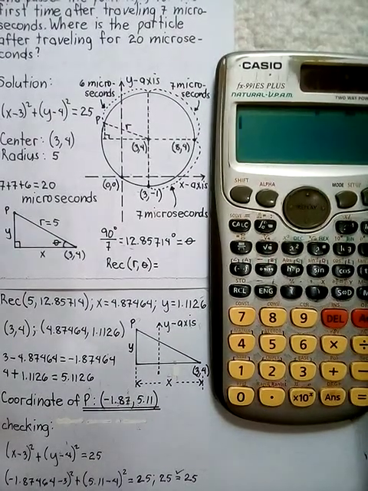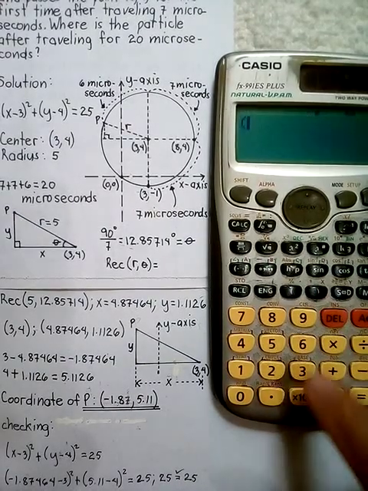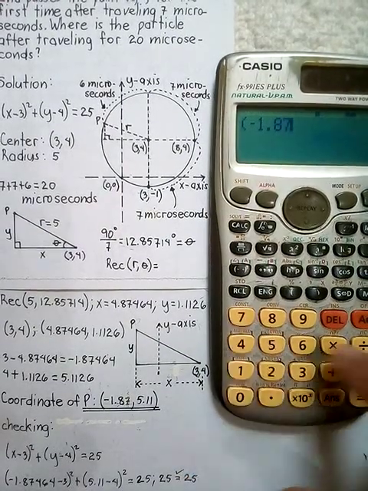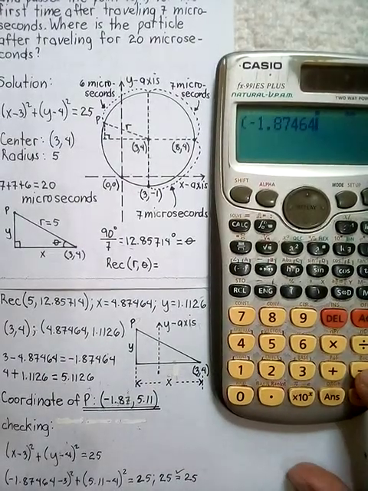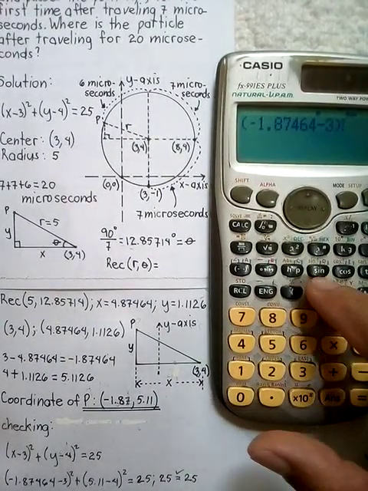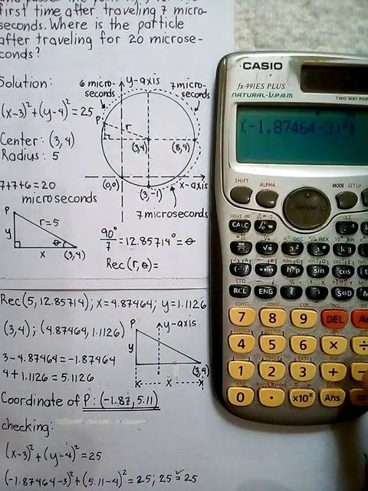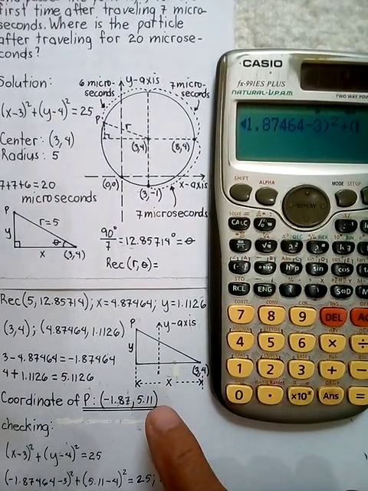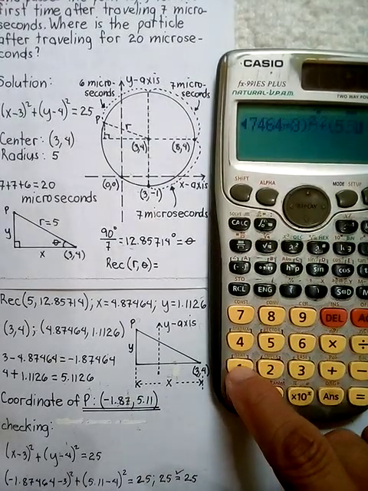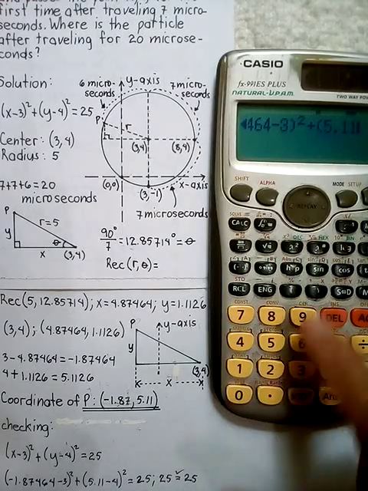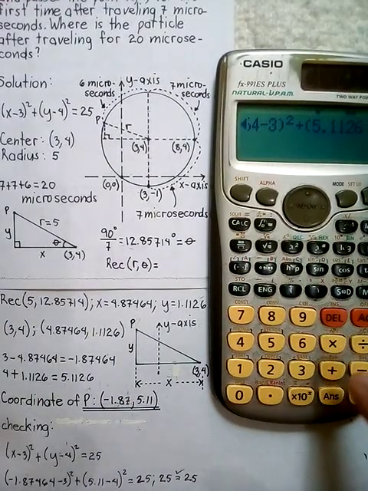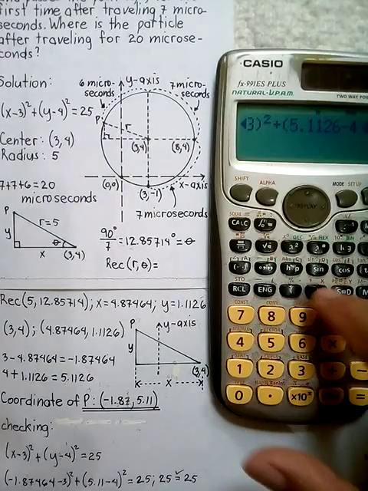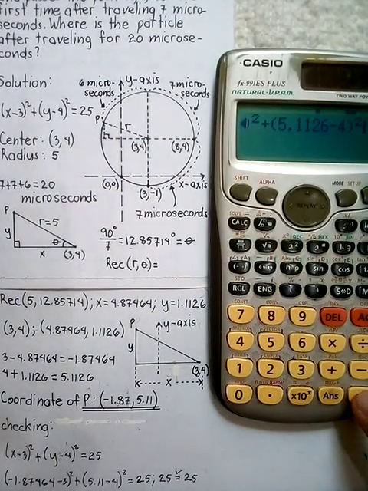Let's turn on our calculator and press open parenthesis, negative 1.87464 minus 3, close parenthesis, squared, plus open parenthesis, the y coordinate 5.1126, minus 4, close parenthesis, squared, and press the equal sign.